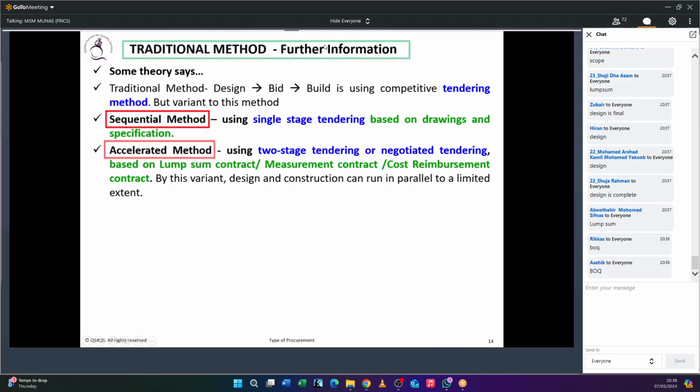Be careful, okay? Now tell me, is there any mistake here you found? Is there any problem that we have here? If you get anything in your mind, tell me. This is a procurement route under the traditional method, say accelerated method, using the two-stage tender with any of the contract types. What is the mistake here?